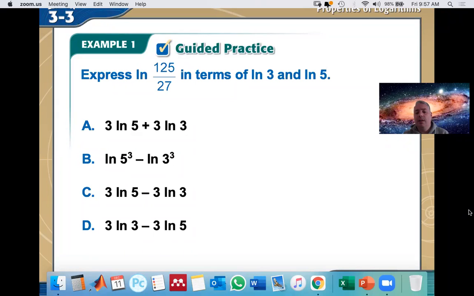Okay. I said C. Okay. Others. Let me think. 125 is 5 to the power of 3. 27 is 3 to the power of 3.